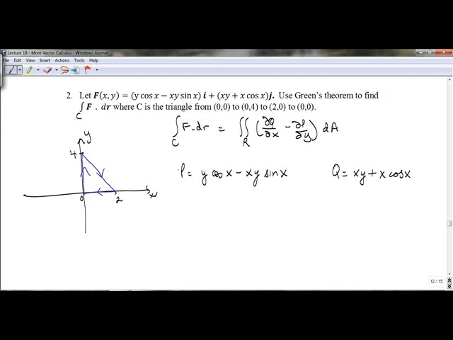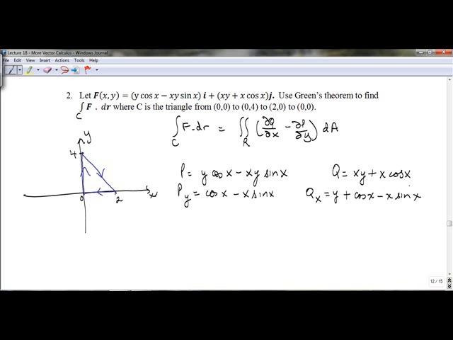Let's find the partials. So the partial of P with respect to y is cosine x minus x sine x. Partial of Q with respect to x is y plus, now this here is a product, so we have to use the product rule. Differentiate x, that's a 1 times cosine x, plus x times minus sine x, so that's minus x sine x.